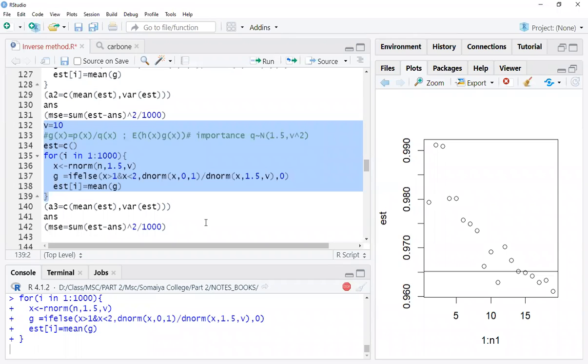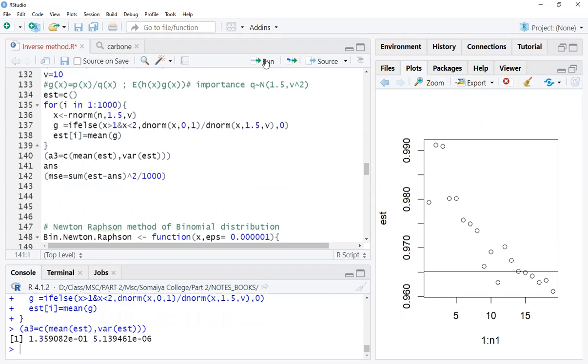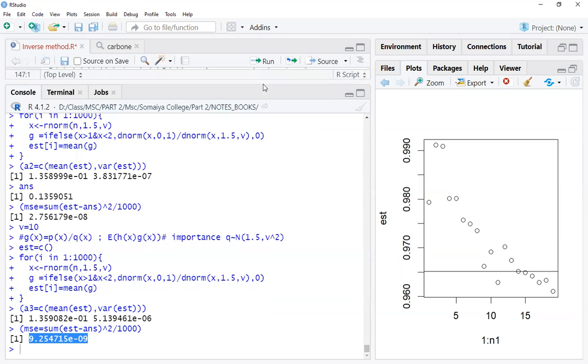Now variance is large, so it is taking a little time. Now we'll compute this. Here, if you just observe the standard error, look at the answers for standard error.